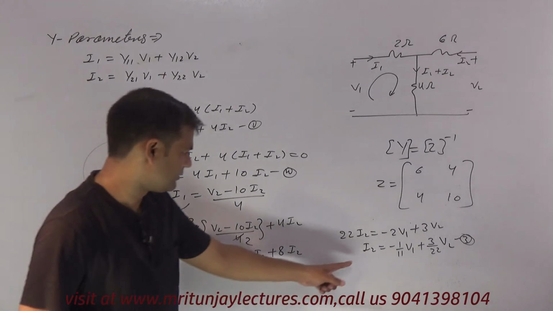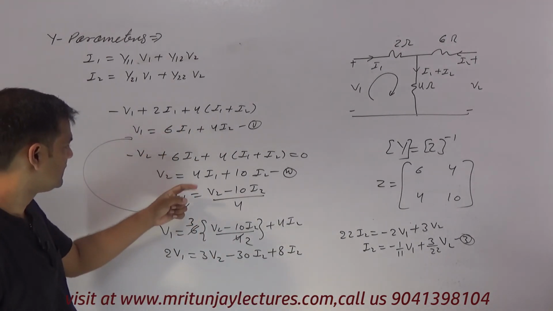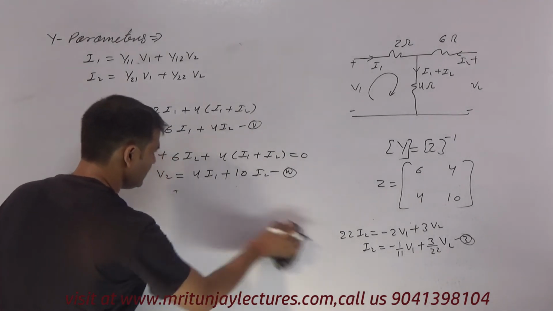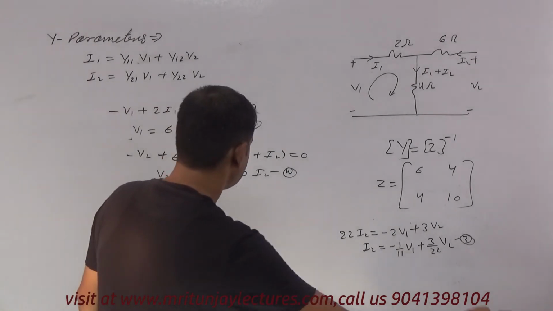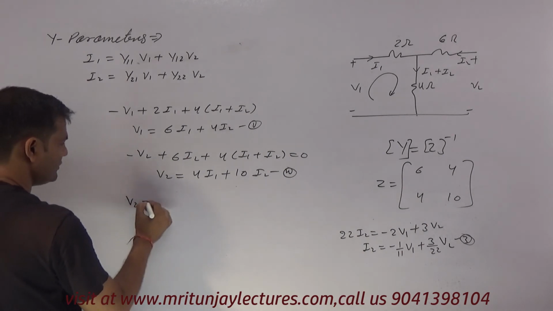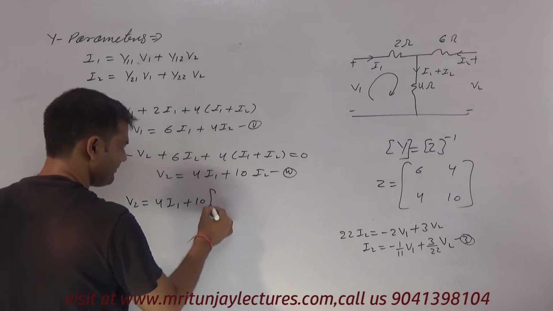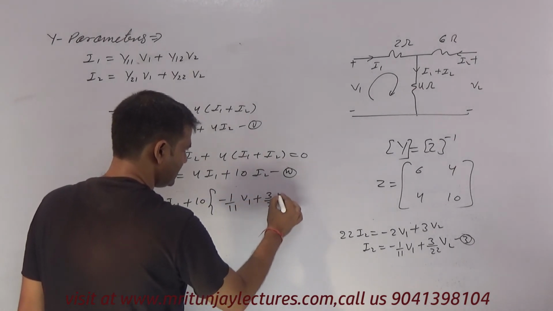Now this value of I2 can be put in equation 1 or 2. It is better to put it in 2: 4 I1 plus 10 times (minus 1 by 11 V1 plus 3 by 22 V2).